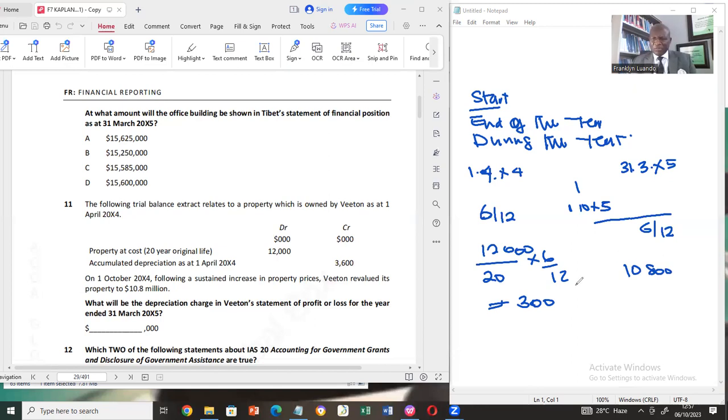The remaining number of years will be 20 years less 0.5, which leaves 19.5, multiplied by 6 upon 12.